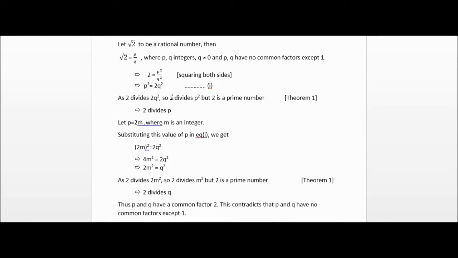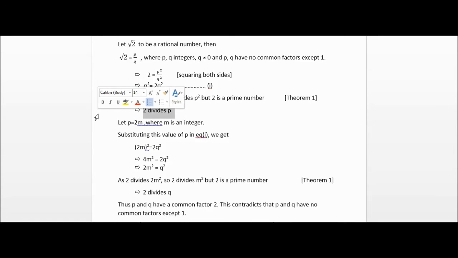Now you can see that this 2 is a prime number. According to theorem 1 that we discussed in our previous video, if the square of a number is divided by a prime number, then that number is also divided by the same number. So according to this statement, if p square is divided by 2, that means p is also divided by 2.